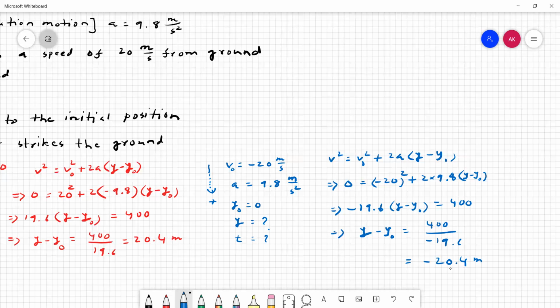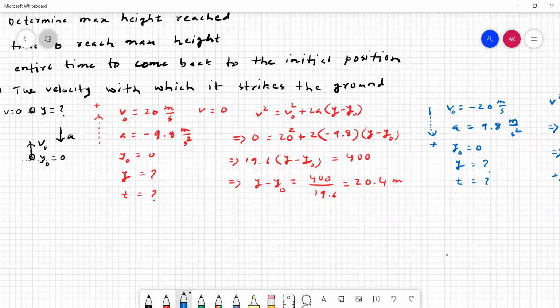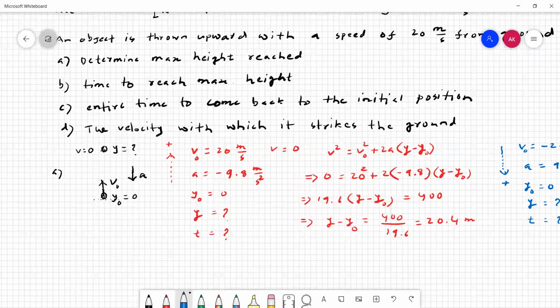Since everything changes, our final answer's sign will change, not the magnitude. Good. All right. So now we're going to do the time to reach the maximum height, part B.